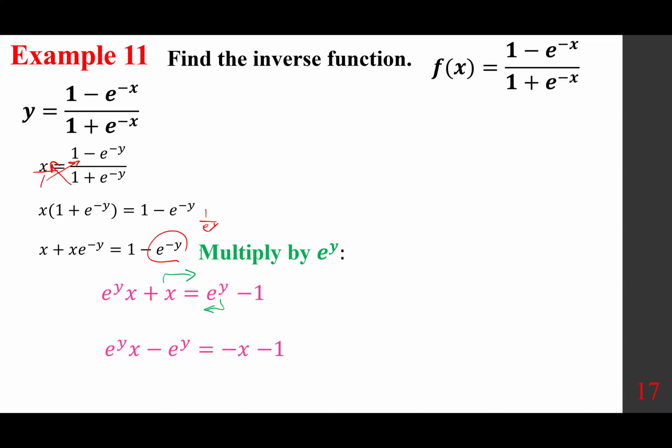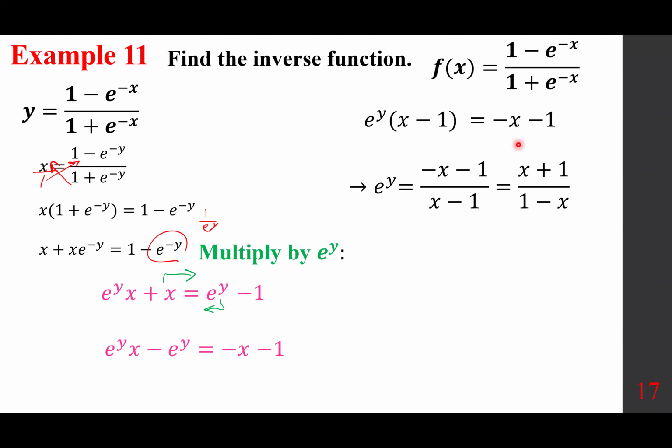And on the left side, I can factor e to the power of y out, and I get e to the power of y times x minus 1 on the left side. I'm going to divide both sides by x minus 1.